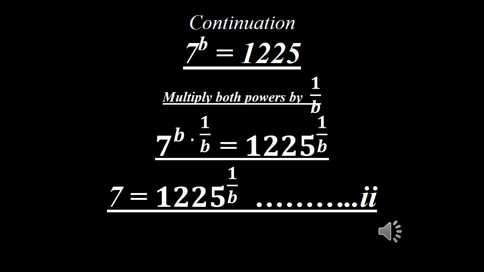1225 raised to power 1 over b. Then b cancels b, so we have 7 equals 1225 raised to power 1 over b. That will be our equation 2.